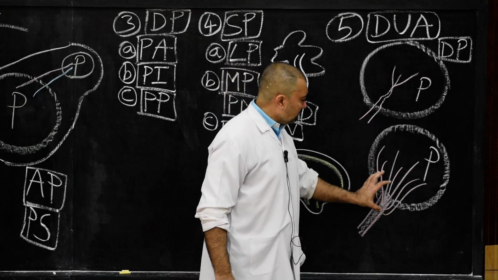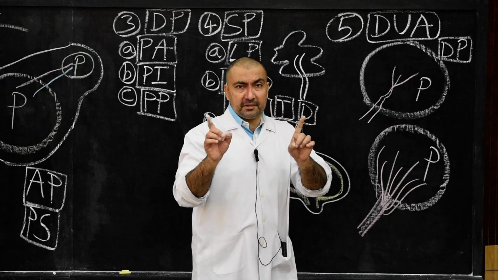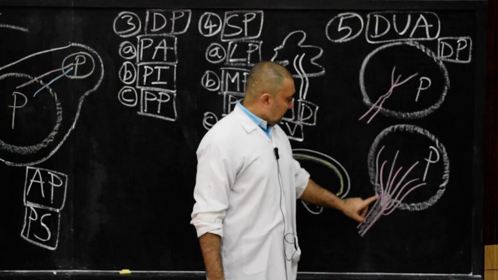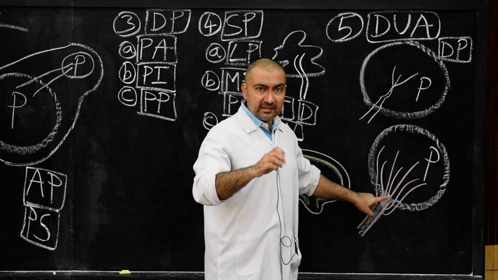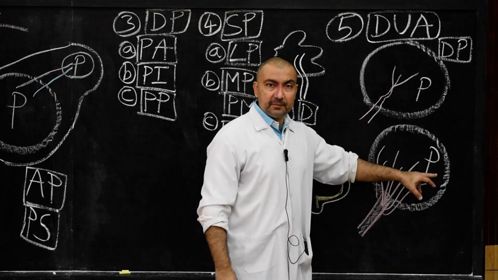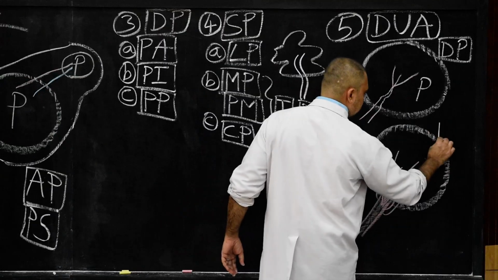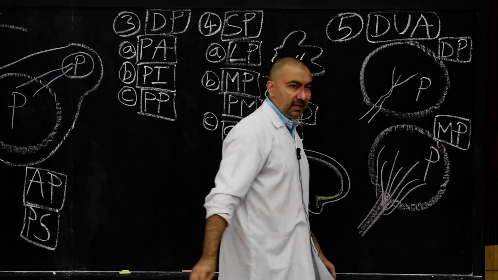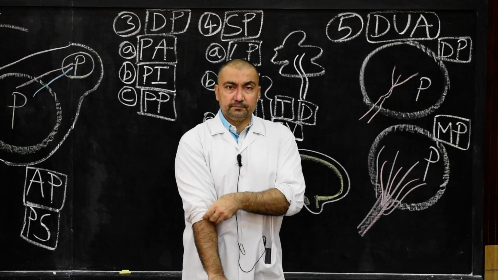And these branches of smaller arteries will then penetrate the placenta. Here there is no reduction in the caliber of the umbilical artery, as we can see it is reducing here. Instead, it will divide into various branches, and those branches equally penetrate the placenta. So this type of placenta which is formed will be known as magistral type. M-A-G-I-S-T-R-A-L, magistral type of placenta.